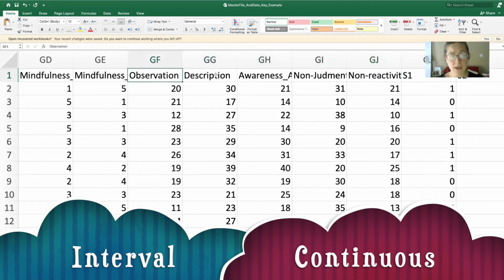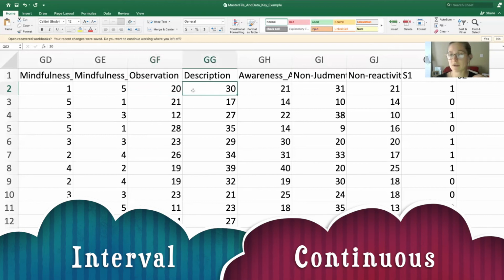So let's say we added up the questionnaire items that were asking about the observing aspect of mindfulness, and participant one here got a 20 on this. Now, because this is interval data that has no true zero, there are some types of math we can't do with this. We can do averages and stuff, and we can compare them. That's awesome. What we can't do is say, this person has 1.5 times as much description as they do observation.